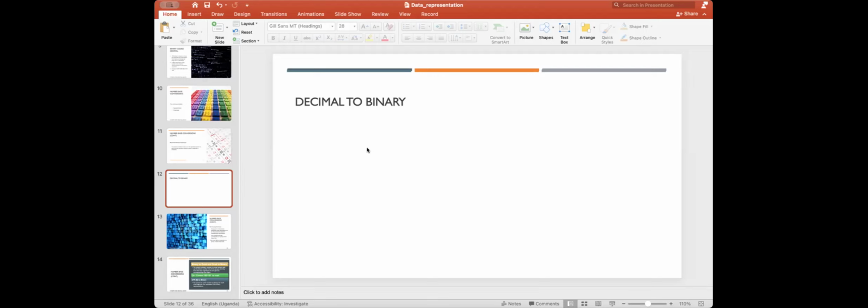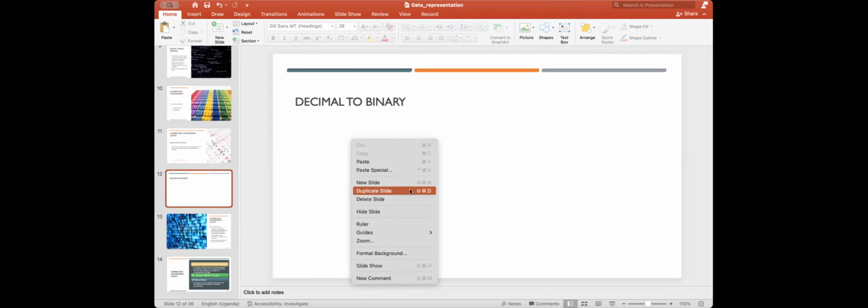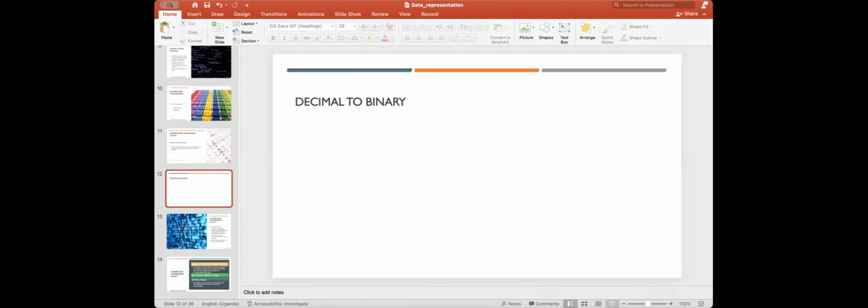Now, let us get any number, maybe we can pick any number like 348, which is a decimal number. Now, which is of course base what?